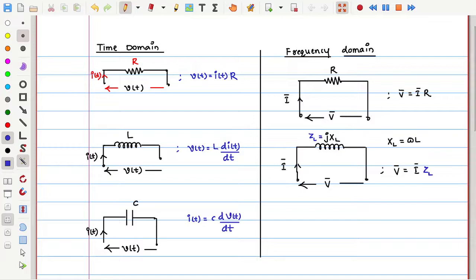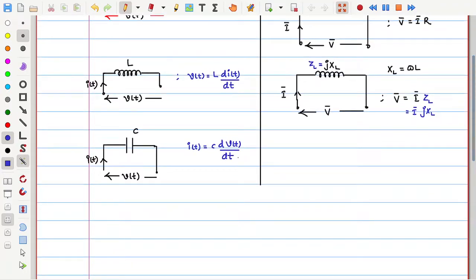So simply ZL, like the resistor, is one term, where one can sometimes write ZL as jXL also. This is the frequency domain equivalent of the inductor and its voltage current relationship. Similarly, let us see the capacitor part.